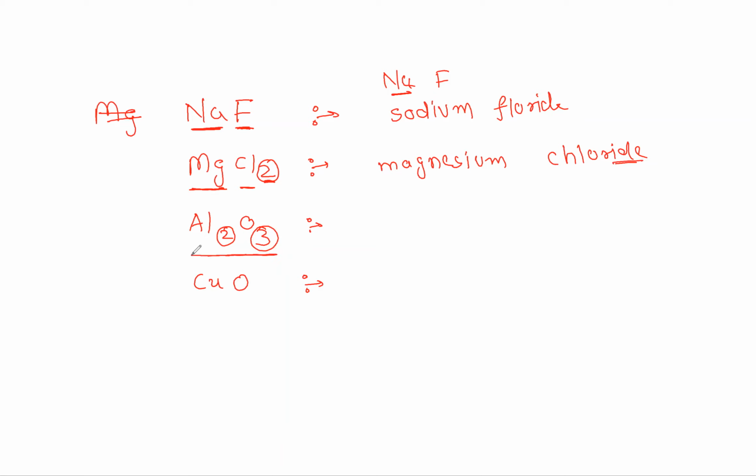The third example, right? Al, we know aluminum is. I have a question. Yes, go ahead. Sorry, for the last one, why is it not magnesium dichloride? Can you remind me? That's what I just explained, right? Because this is an ionic compound, in an ionic compound we do not write the prefix like di, tri, tetra, penta.